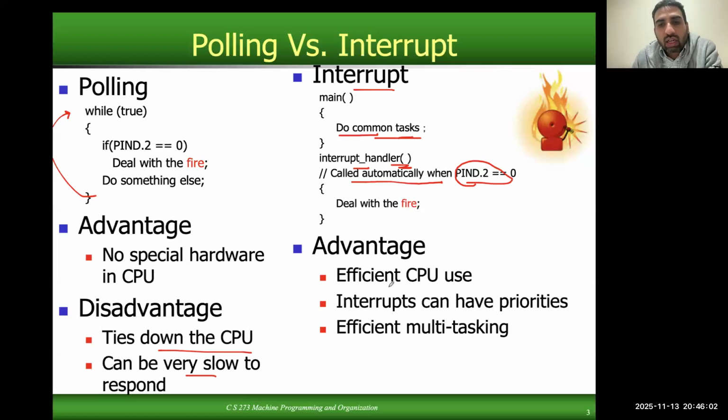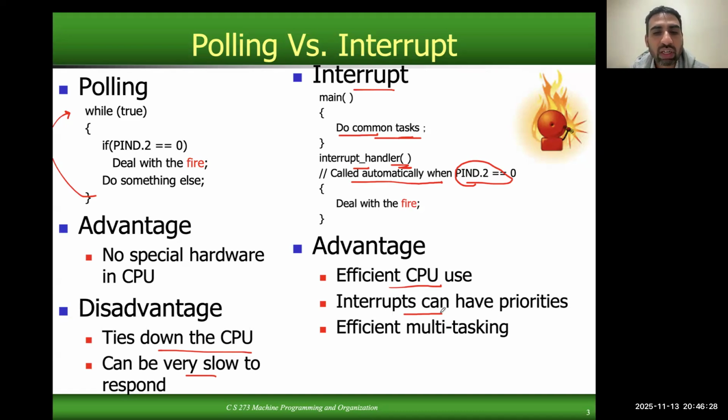The advantage is that we are using our CPU more efficiently because we are not wasting it in monitoring the pin, a flag, or a bit. The other thing is that we can have interrupts with multiple priorities. Let's say we have three different interrupts and we have written the interrupt handler for each of them.